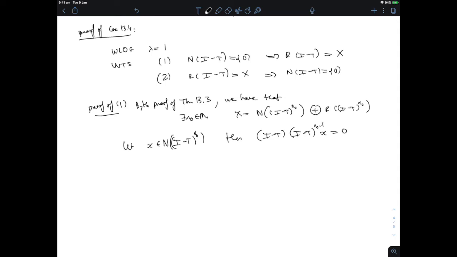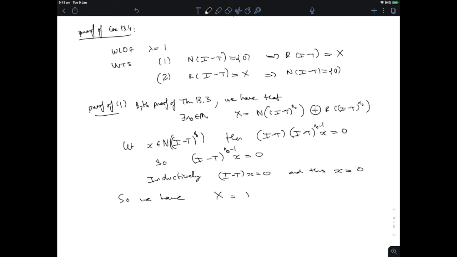But we know that the null space of I minus T is trivial by assumption, so we have that (I minus T) to the n naught minus 1 of x has to be 0, and you can repeat that argument, and inductively you get that (I minus T) of x is 0, and thus x is 0. So we have that the space X is really the range of (I minus T) to the power n naught.